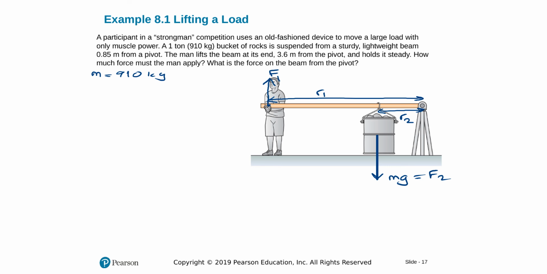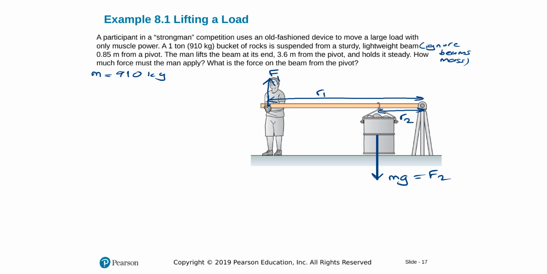Suspended from a sturdy lightweight beam. So beam lightweight means ignore the beam mass. So ignore the beam's mass. That's what it means here. Otherwise, we'd have to show mg of the beam from the center of gravity, but we ignore it in this case. The man lifts a lightweight beam 0.85 meters from the pivot, so R2 here.